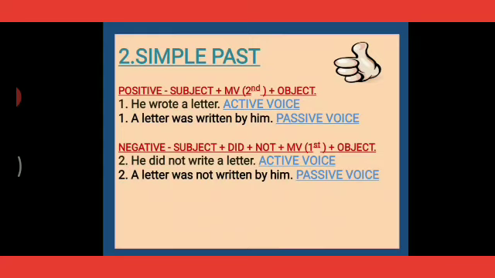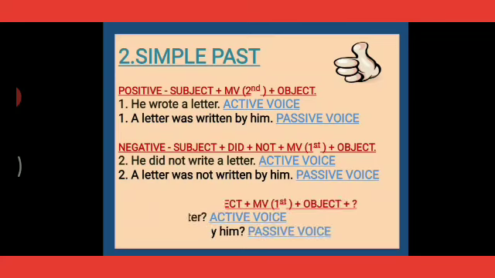I just told you a few minutes back that did not, or second form of simple past tense, will be changed into what? Yes, it will be changed into was, were plus third form. So here you can see it clearly. He did not write a letter. A letter was not written by him.